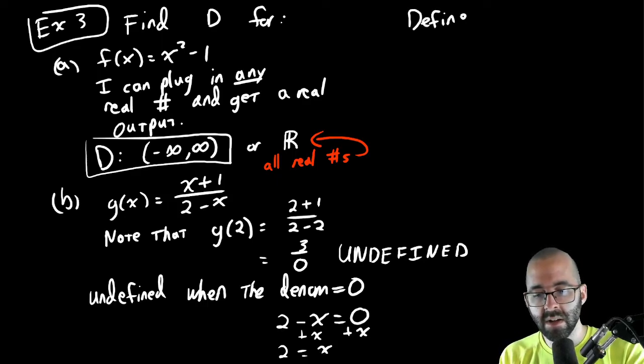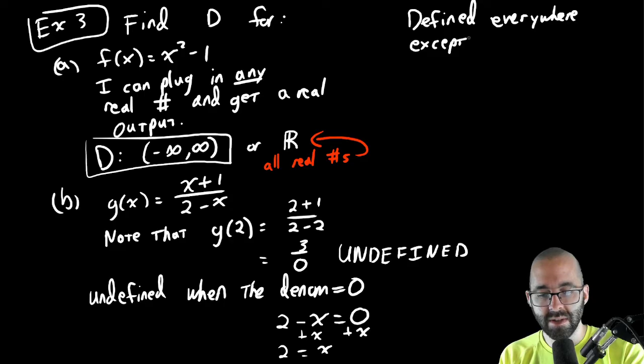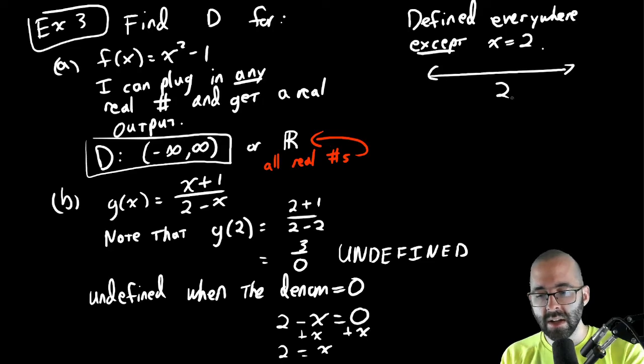All right? Find everywhere except x equals 2. So we're going to say our domain, if we look at it on the number line, is everywhere except 2. So everything bigger than 2, everything less than 2.